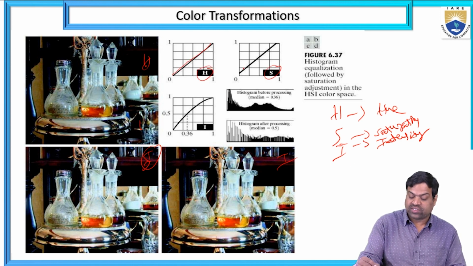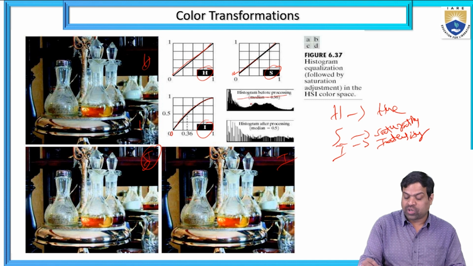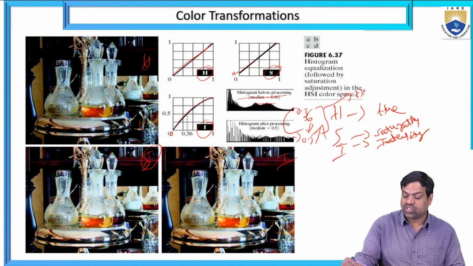When I go to the saturation, it is not exactly 0, it is some 0.2, so it goes like this. For intensity, it is exactly 0 but there is somewhat of a curve. The median of the histogram before processing is 0.36, and after histogram processing it is 0.5, which is somewhat of an improvement. So the improvement is there with the help of the histogram.